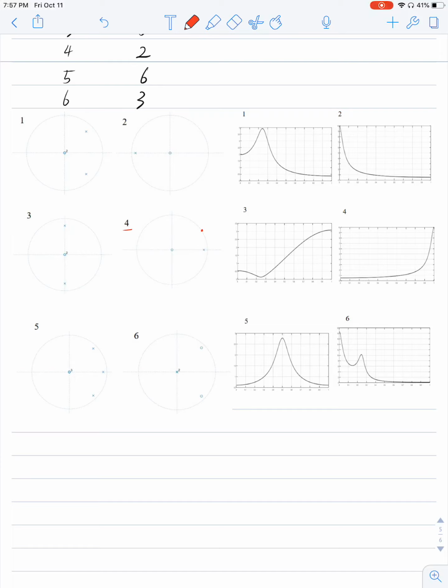If there is a point on the circle and the distance between 0 and this point is a norm A, and the distance between the point and the pole is B, then the scale of the frequency response is normally A over B.